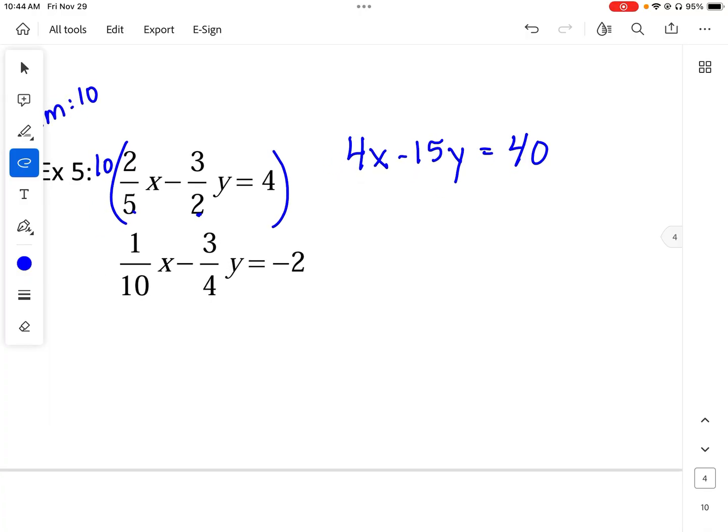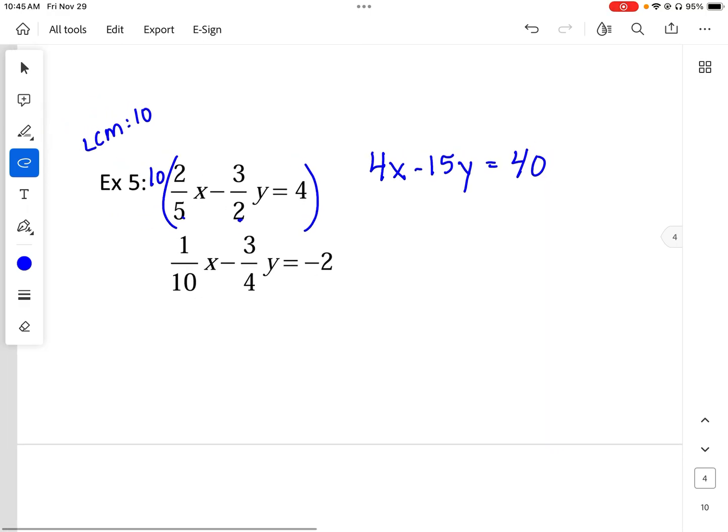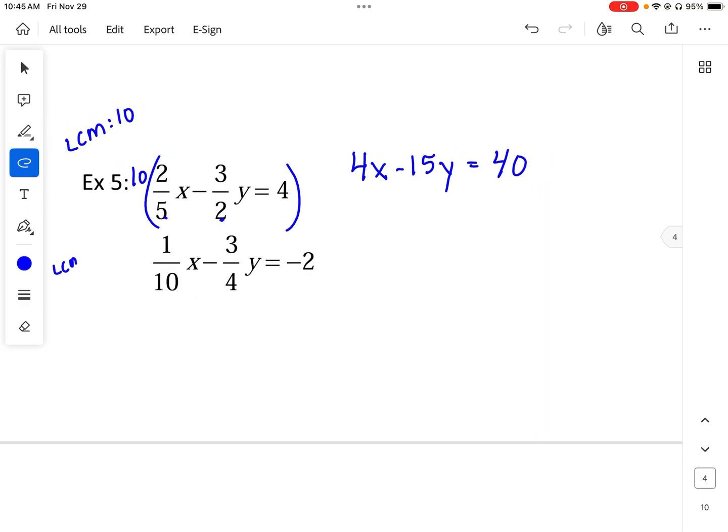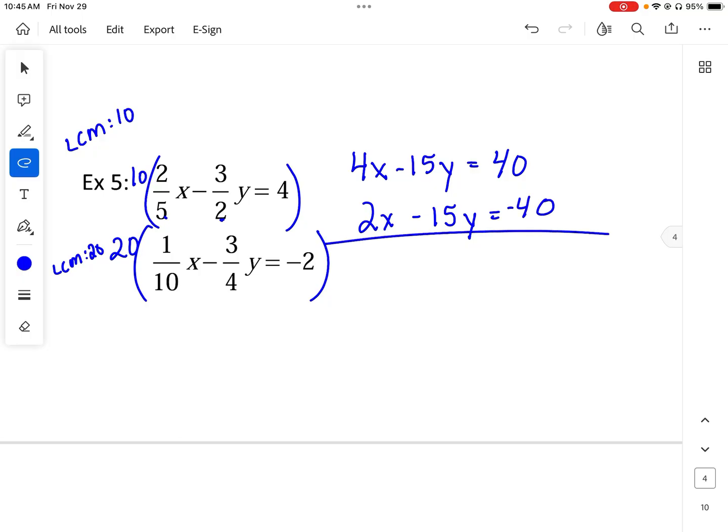The next one, between 10 and 4, we could go 40, but we could actually go smaller. We can do 20. So we're going to multiply everything by 20. So 20 over 10 is 2x. 60 over 4 is 15y. And then -40.